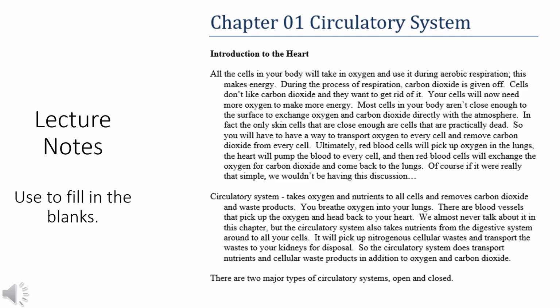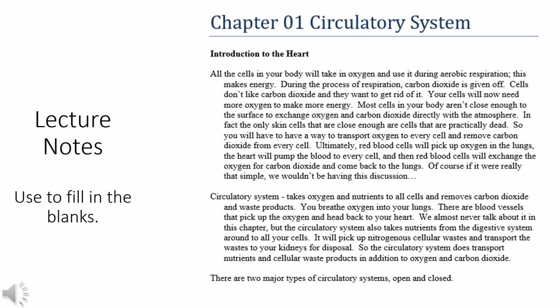But generally, they do have a little bit of an introduction. When we start talking about the circulatory system, you gotta talk about how all the cells in your body take in oxygen and use it during aerobic respiration, and that makes energy and carbon dioxide is given off. I'm not really gonna read all of this. But notice that second paragraph does have the circulatory system and says it takes in oxygen.